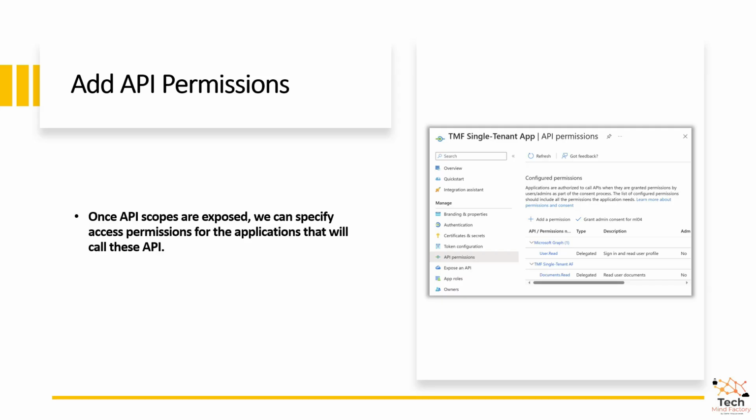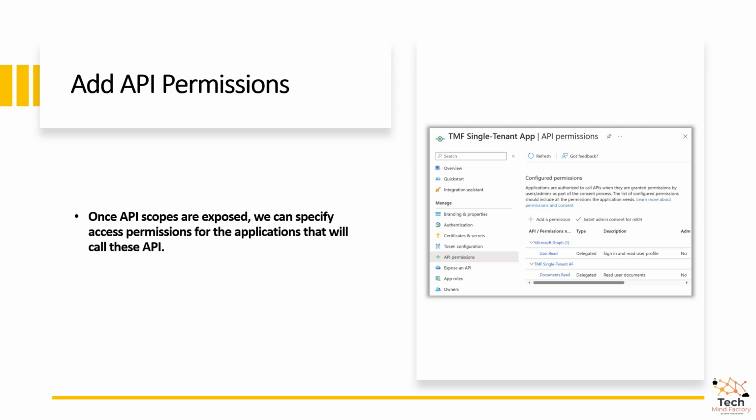So for the application that will be accessing a specific registered API, we are opening the API permissions tab to indicate which permissions can be requested or will be requested by the application. So this is the place where we can say, hey, this application will need permissions to access Microsoft Graph API, but we can also define permissions for our API registrations that we created.